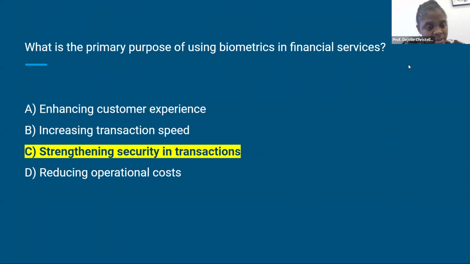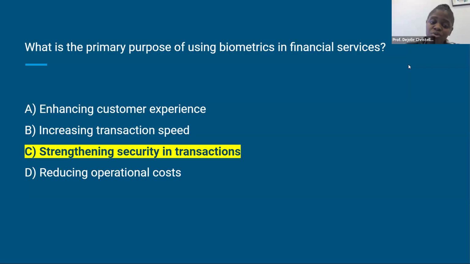It's actually C, yes. Strengthening security. We see that when we talk about biometrics, it's actually another level of security to make sure that we give access to only the person who is authorized. So it's actually strengthening security in our financial transactions, anything that we're doing. We want to make sure it's us, right?